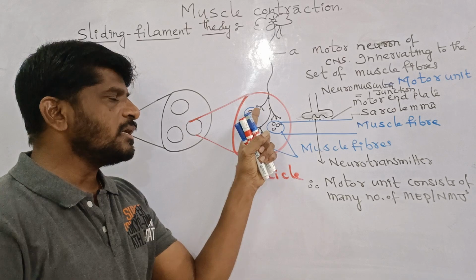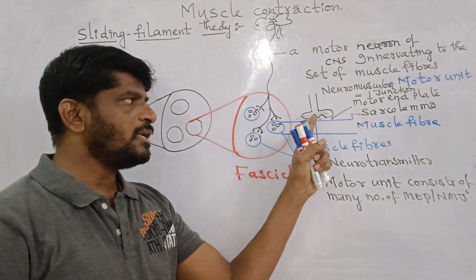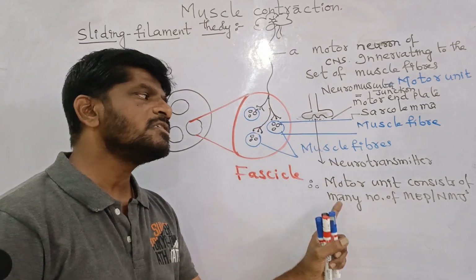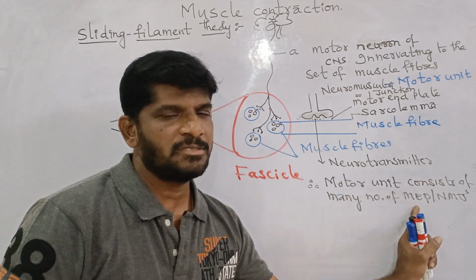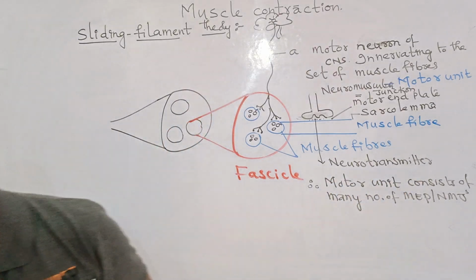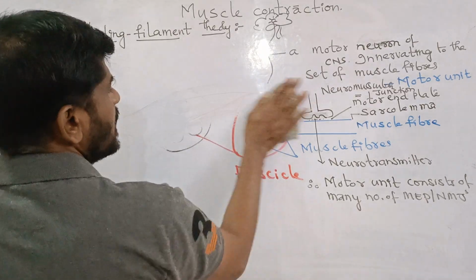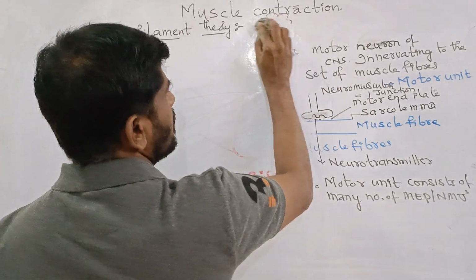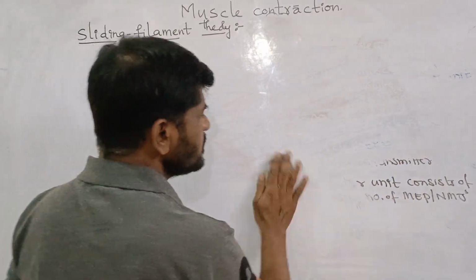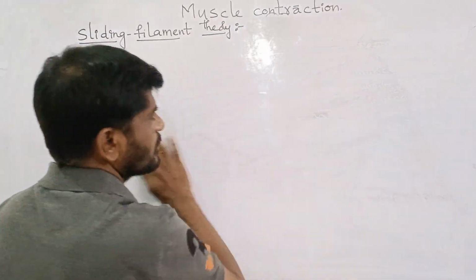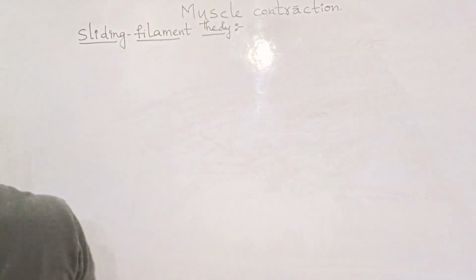This is one motor end plate. That is why one motor unit consists of many motor end plates. I think you understood this. Therefore, with a fast glance, I am going to discuss the muscle contraction theory, and that is called the sliding filament theory.